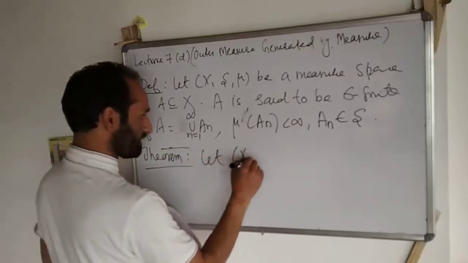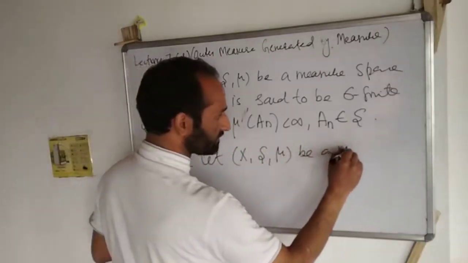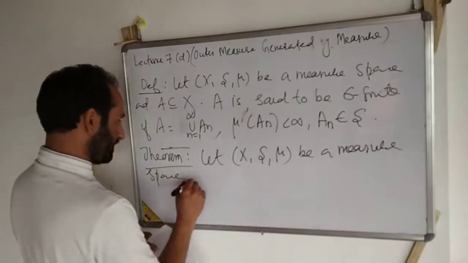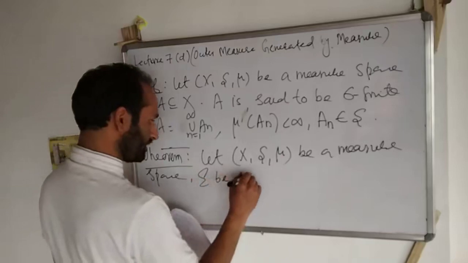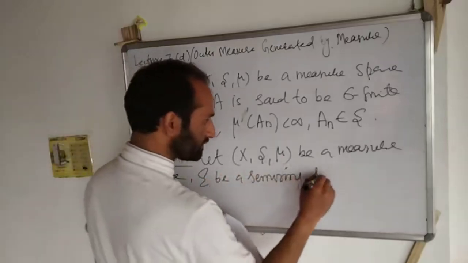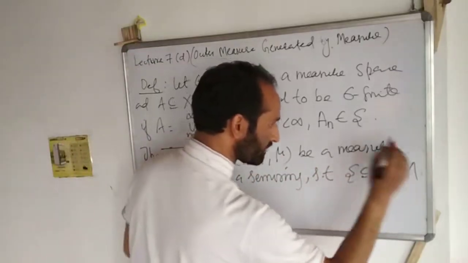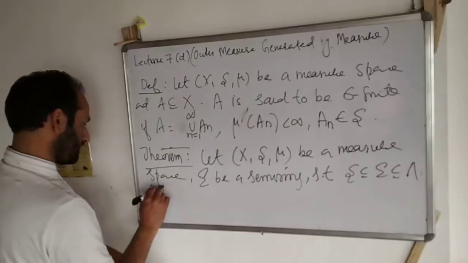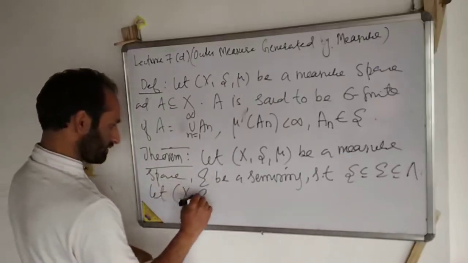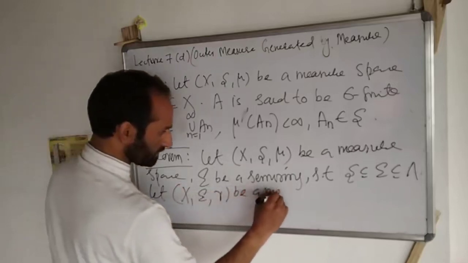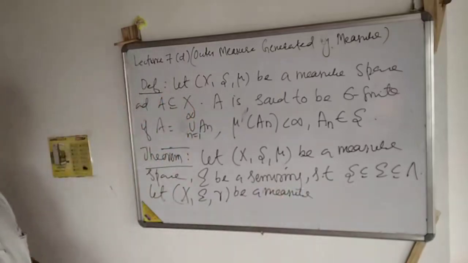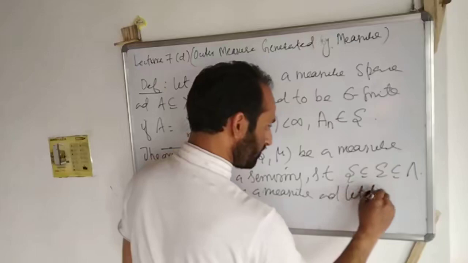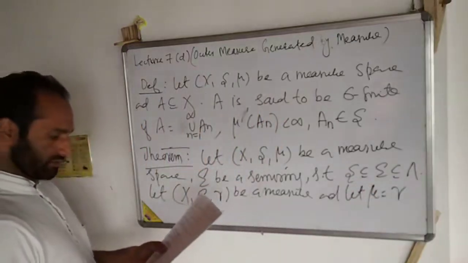Let (X, S, mu) be a measure space, and let Sigma be a semiring such that S is a subset of Sigma, a subset of lambda, the class of measurable sets, and let (X, Sigma, nu) be a measure space, and let mu be equal to nu on S.